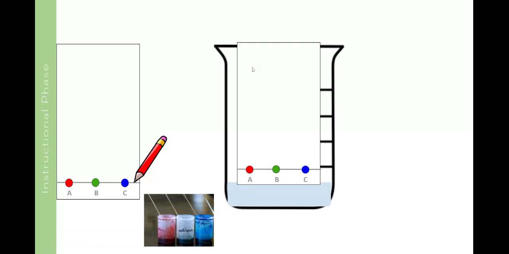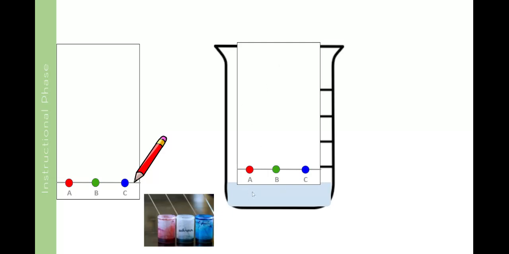Now, there's two phases in chromatography, the stationary phase and the mobile phase. Stationary means still. So the stationary phase is the paper. The mobile phase, mobile meaning to move, is the solvent because the solvent moves through the paper. So stationary is the paper, it doesn't move.